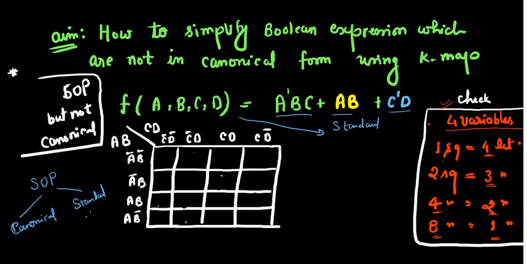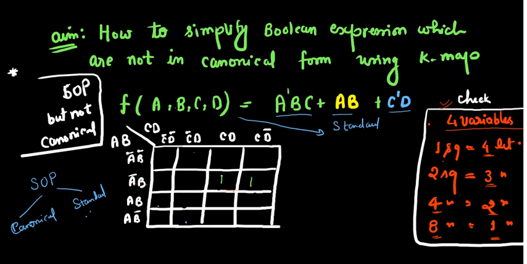So for A prime B, this whole term, and C is 1 here, we should write 1 in these boxes. This combined box represents A prime BC, and you can see that two squares correspond to three literals.